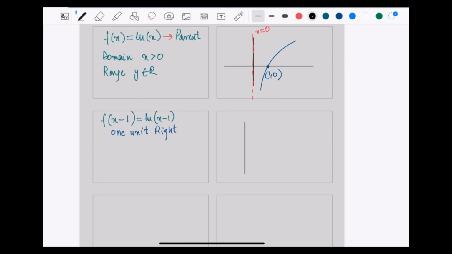If this was the x and y axis, and I draw this function here, this point here, which was (1, 0), now moves 1 unit to the right and becomes (2, 0). The asymptote line, which was x equals 0, again moves 1 unit to the right and is now x equals 1. The domain now becomes x greater than 1, and the range is y belongs to real numbers.